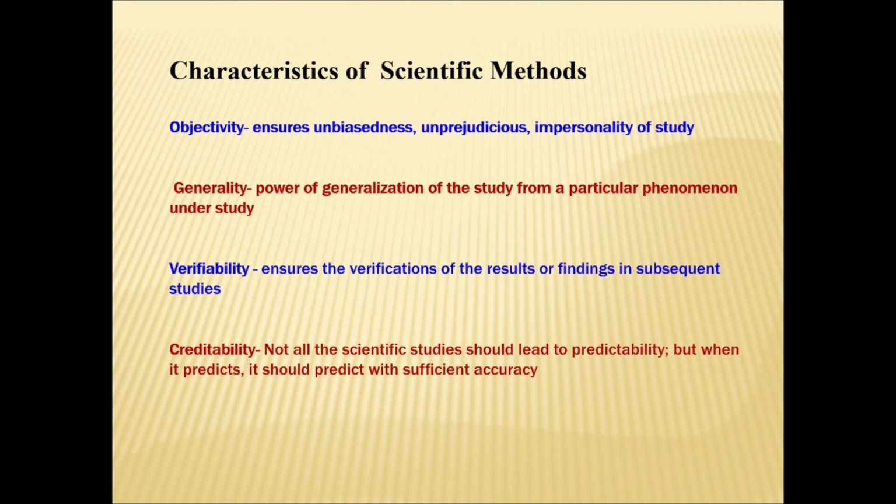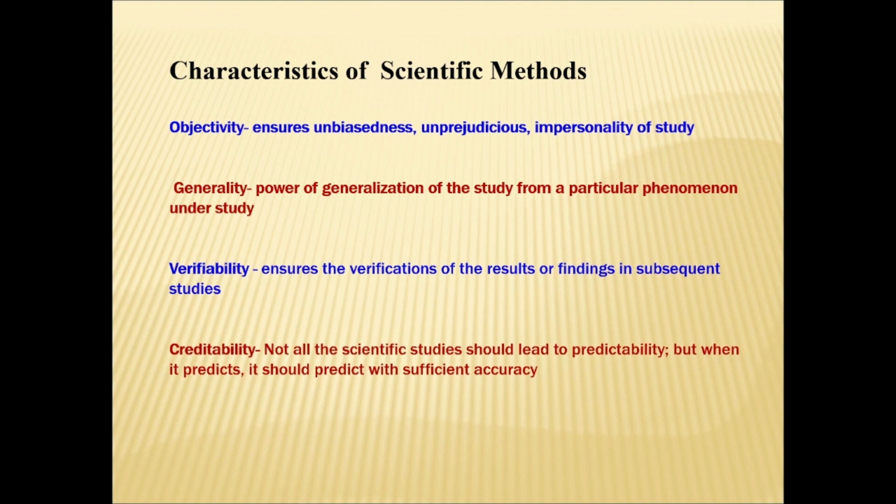Then generality. In statistics we start with a simple example and try to generalize the result of that particular experimentation or method. Unless you generalize the result, it is of no use, because the findings will stick to that particular example only.